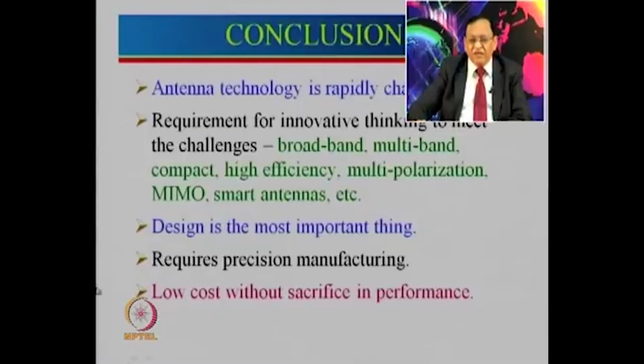Antennas require precision manufacturing, because when we are talking about microwaves or even millimeter waves, the dimensions become very, very small. So any little bit of tolerance in manufacturing creates problems. So we do require precision manufacturing, and that many times leads to additional challenges also.